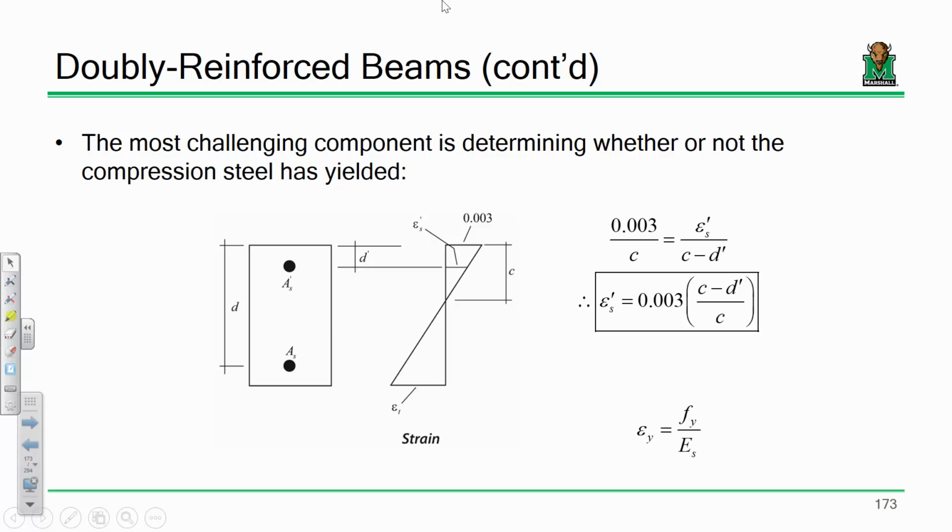Now, let's recall. The strain at yield is Fy over Es, right? And so for grade 60, anybody remember what that was?